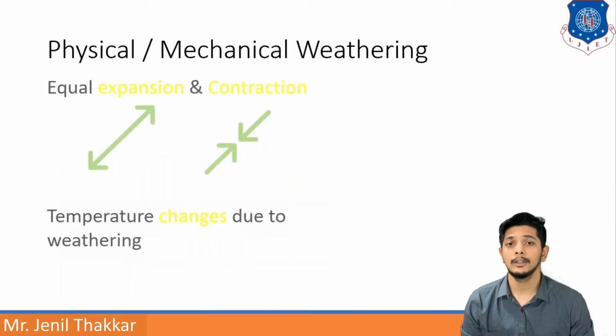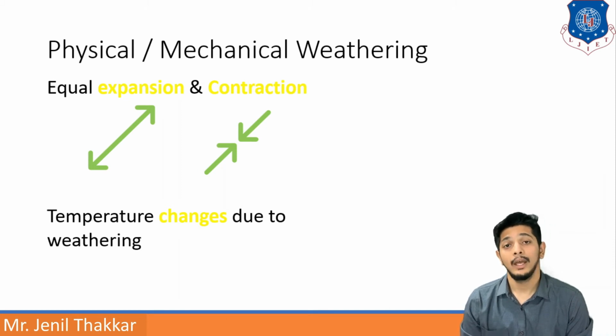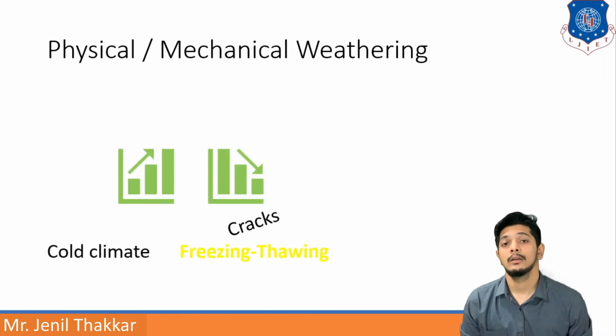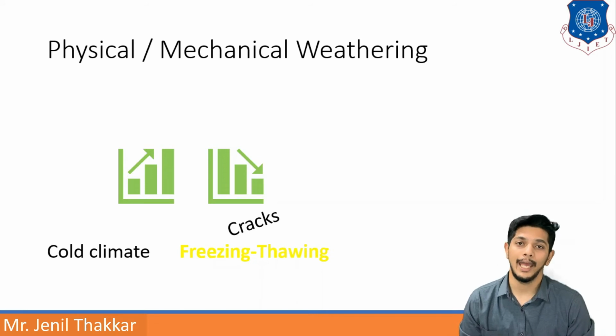Let us move further. Now, due to weathering and temperature changes, expansion and contraction of soil happens. And due to that, it gets disintegration and then soil is formed further due to physical weathering. Now, in cold climates, freezing and thawing happens.